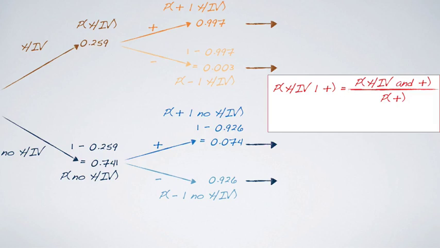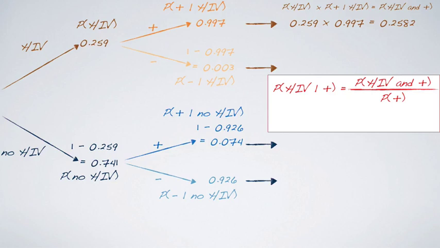We start with the marginal probability of having HIV, and we multiply it by the probability of testing positive given that the patient has HIV. So I'm following the very top branch here, which is going to yield us the joint probability of having HIV and testing positive. So what we get is 0.259 from the first branch times 0.997 from the second branch, which gives us 0.2582.